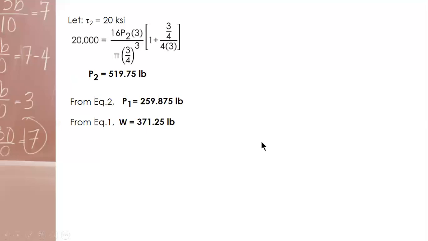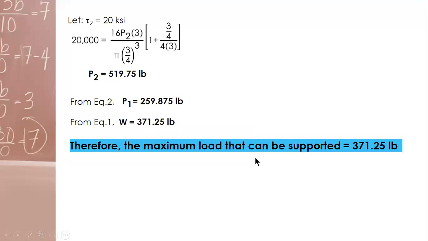Therefore, the maximum value is the safest one, which is the smaller one. In the first condition, W is 742.5, so the safest is 371.25, the smaller value. For problems like this, when asked for the maximum load, it should be the smaller one, the safest.